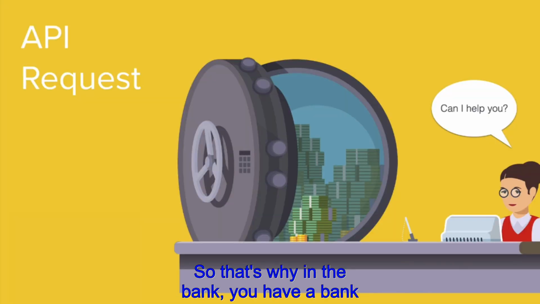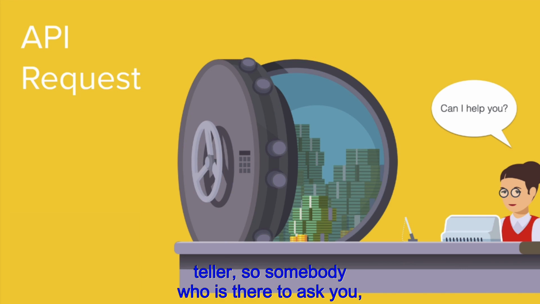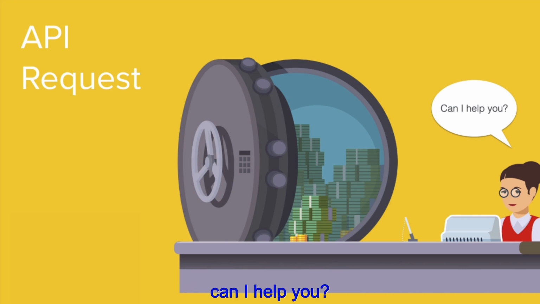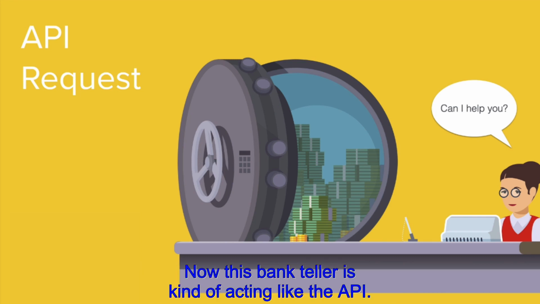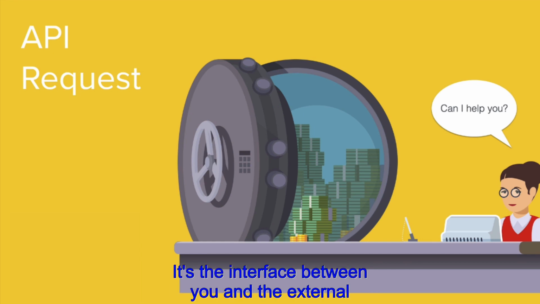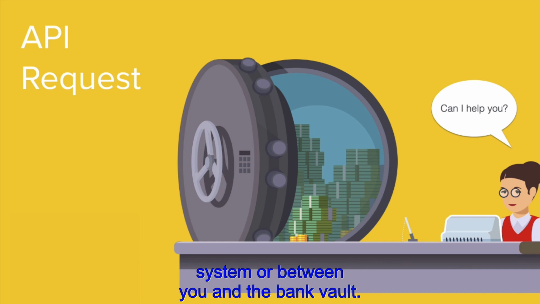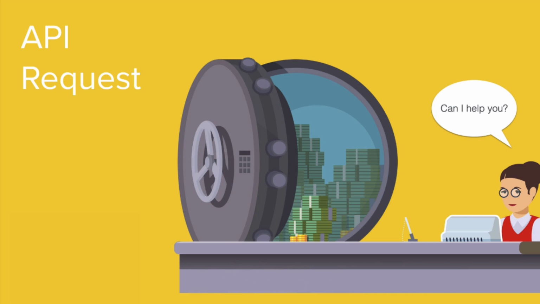So that's why, in the bank, you have a bank teller, somebody who is there to ask you, "Can I help you?" What you want, and to prevent you from going to the vault by yourself. Now this bank teller is kind of acting like the API. It's the interface between you and the external system, or between you and the bank vault.